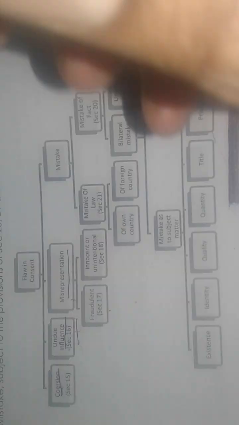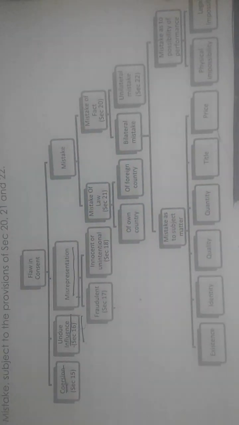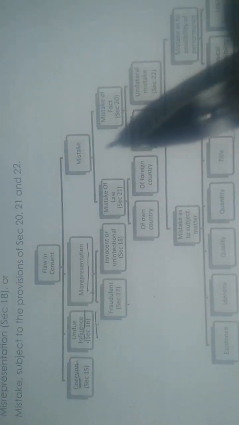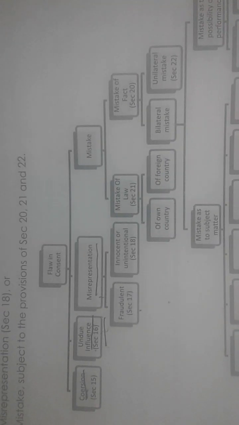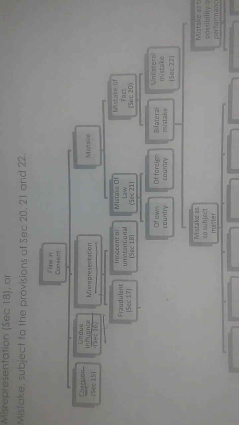Now, misrepresentation. Misrepresentation is further divided into two parts. One is fraudulent and another is innocent or unintentional. Under Section 17, fraudulent basically means that the seller who is selling particular goods is committing fraud.